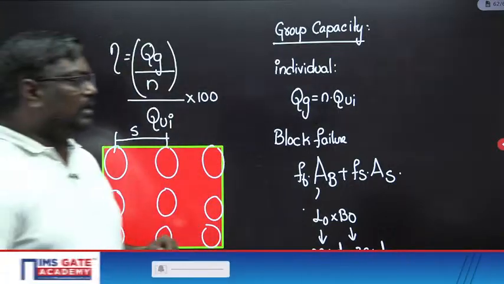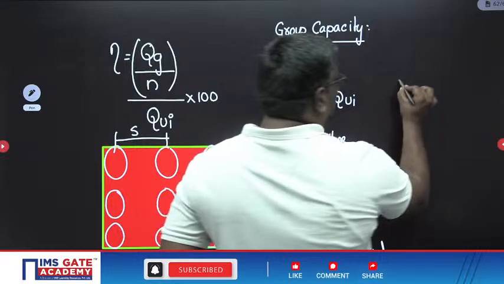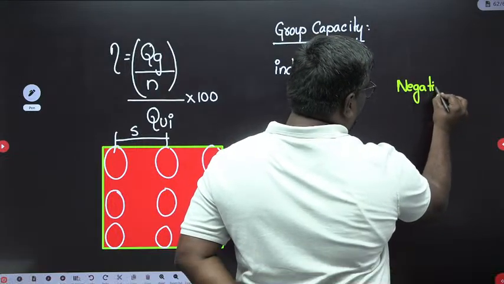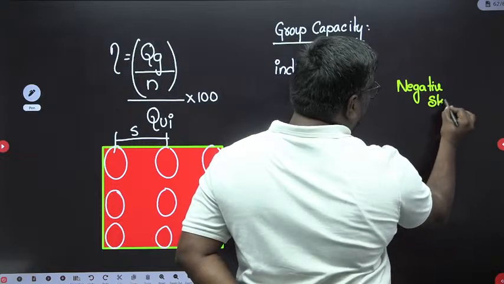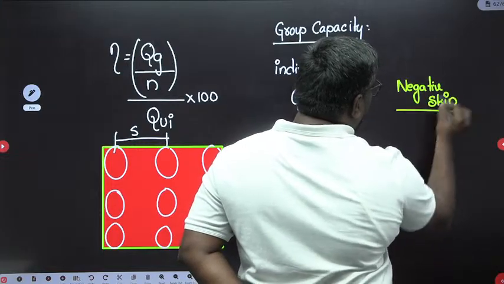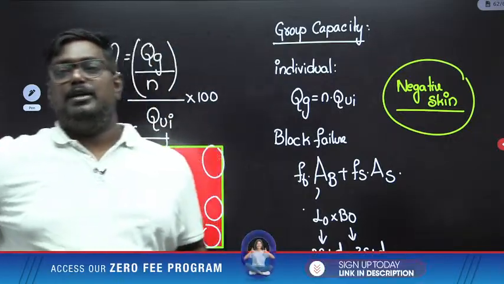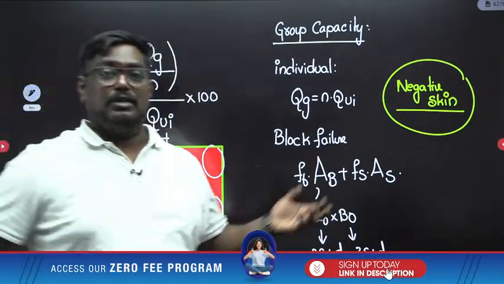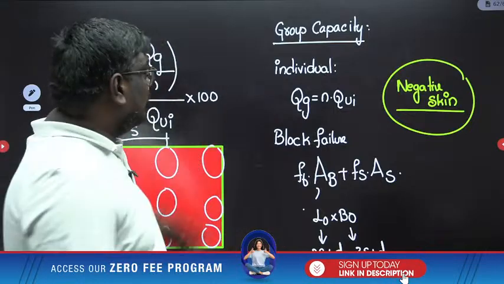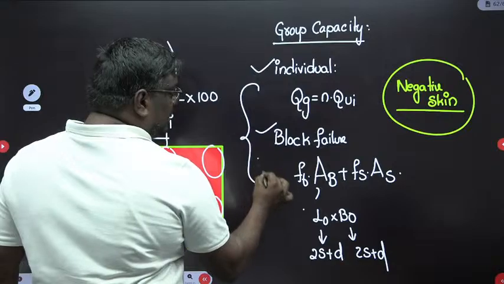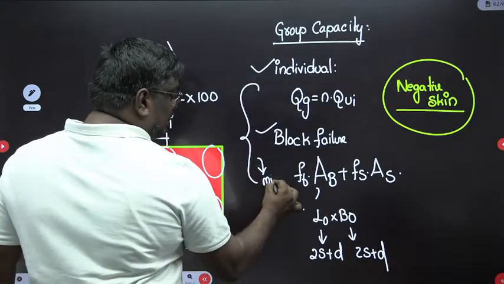Now similarly, there can be a concept called negative skin friction. So due to negative skin friction, the load carrying capacity of the pile will be reduced because there will be a downward drag force. When they ask you here, when I talk about individual failure and block failure, in group capacity, we will take the minimum. Are you getting me, sir?